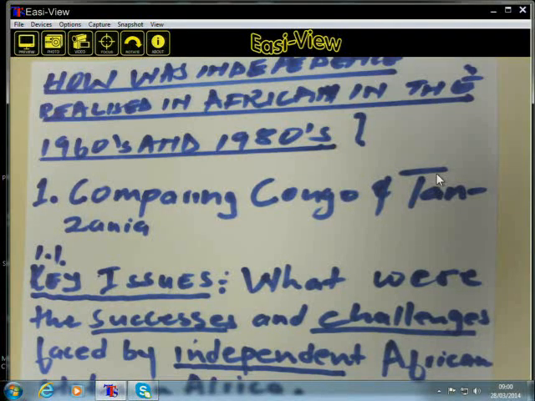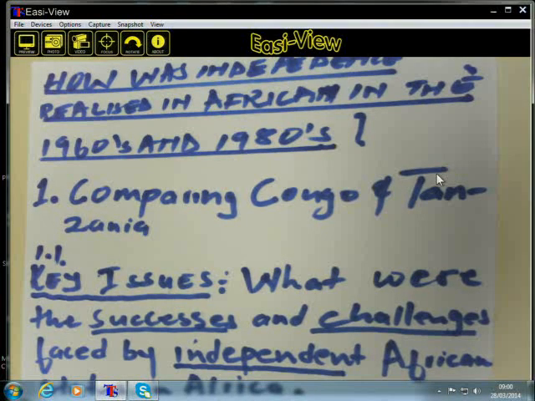Now, the key issues that we need to focus on, what is very important. Learners must be in a position to understand independence and colonialism. The African states were colonized by European countries, and African leaders fought for these countries to get independence.